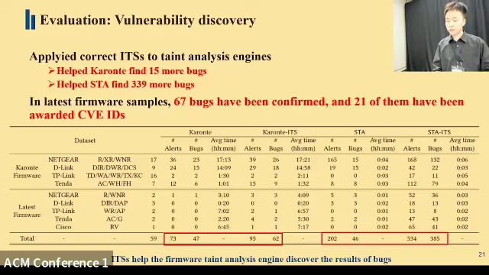STA is a static taint analysis engine based on IDA disassembly results. Intermediate sources helped STA find 339 more bugs. In the latest firmware samples, 67 bugs have been confirmed, and 21 of them have been awarded CVE IDs.